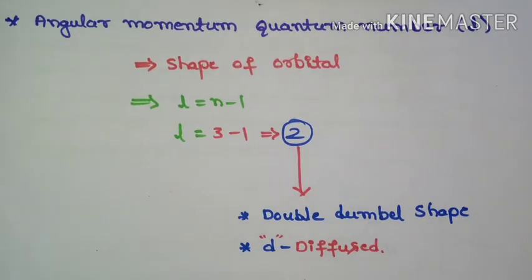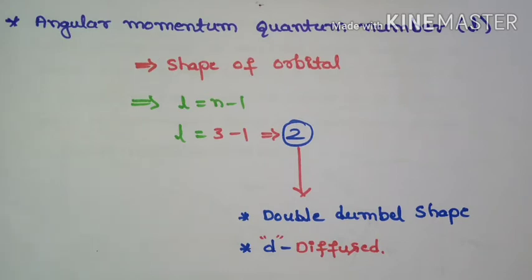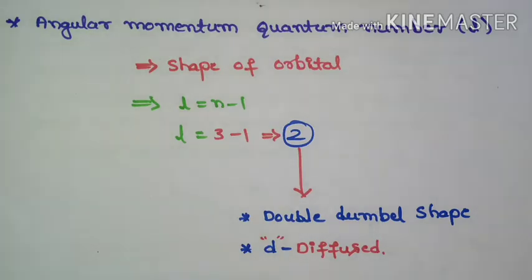This L equal to 2 indicates it is double dumbbell in shape, and D stands for diffused.